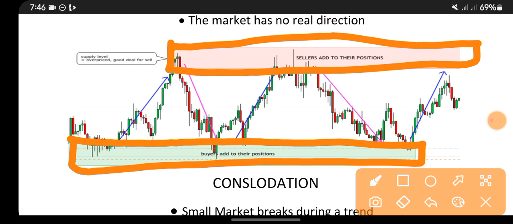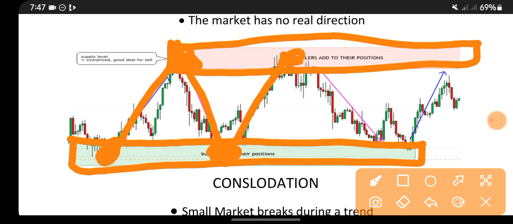So when the price comes here, they have already bought, so when it goes here they take their profit, and then it triggers their sell limit. The price comes down, they take their profit, and another buy limit is here too. Then the price goes up, they take their profit, another sell limit is here, price comes here, they take their profit, another buy limit is here.